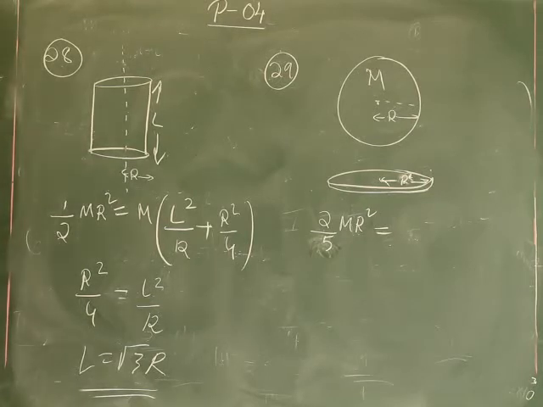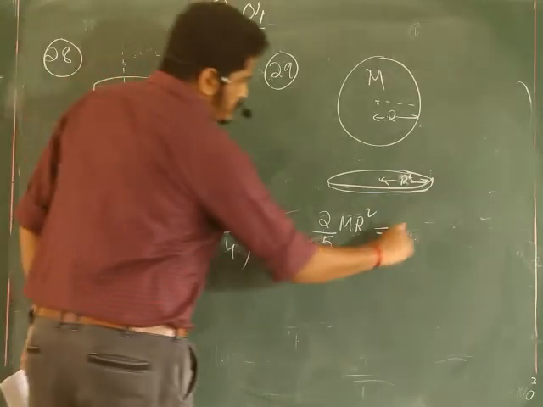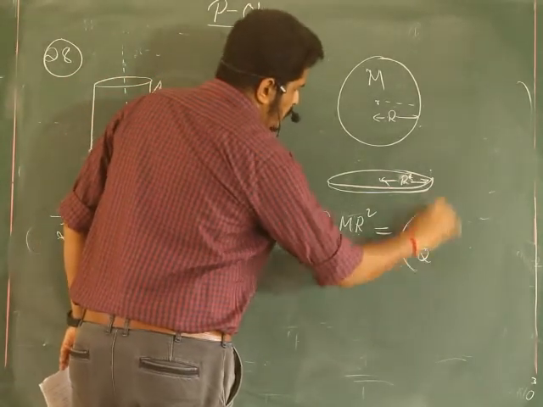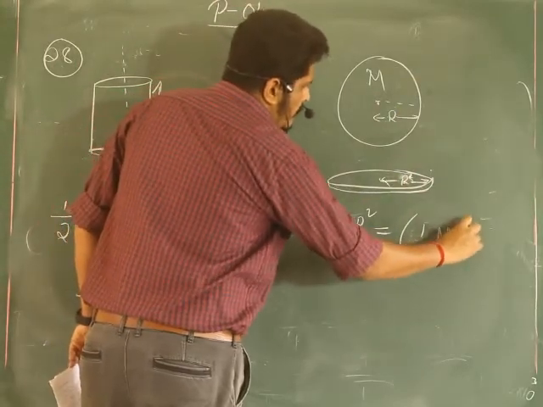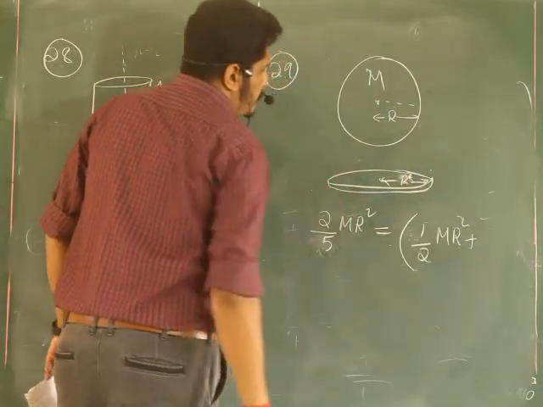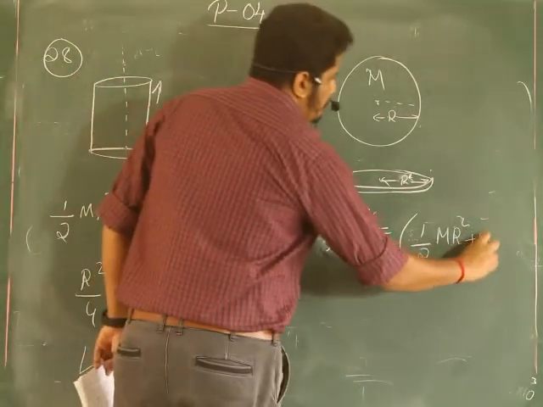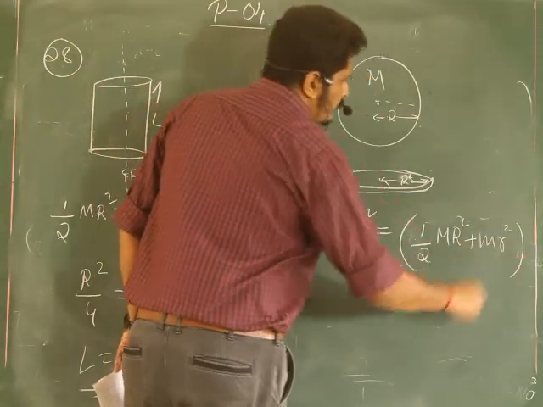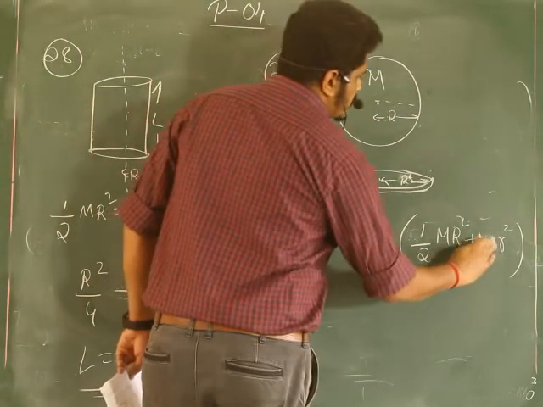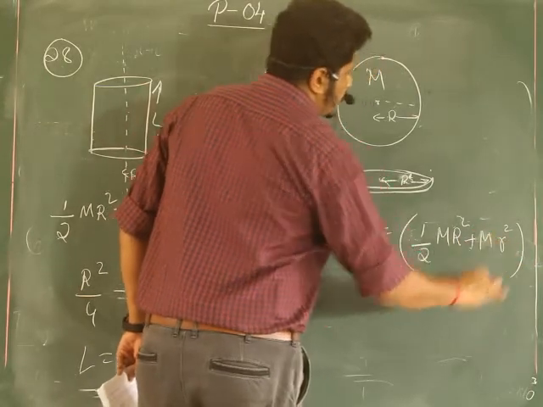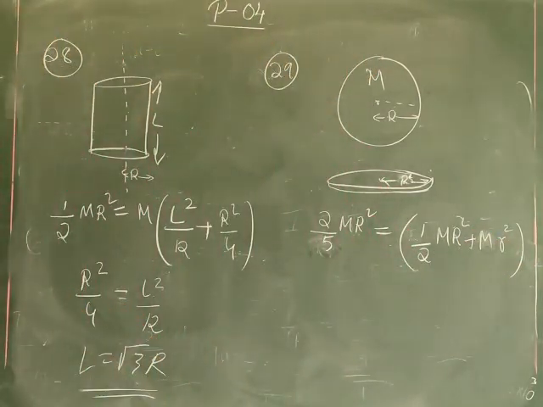Next, what about this particular disk now? Half mr square plus mr square. Mass is one and the same, right? There is no loss of mass, so let it be one and the same.